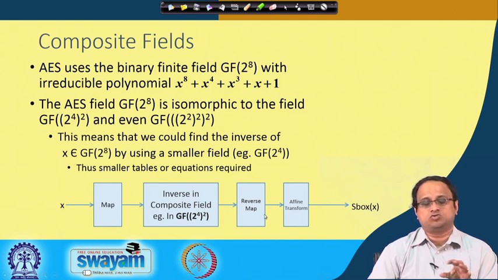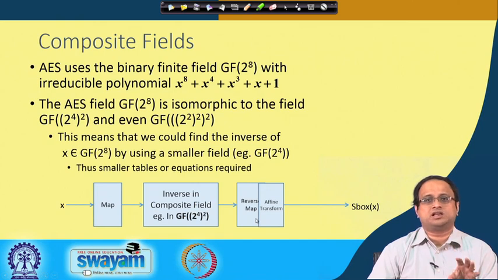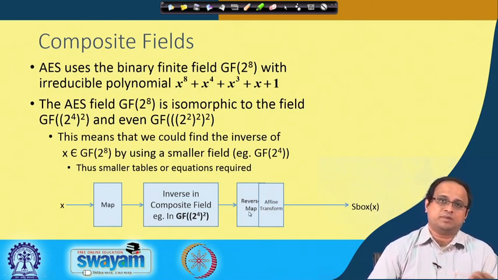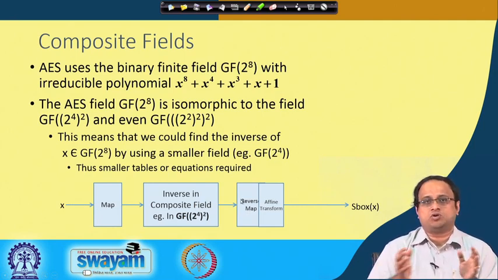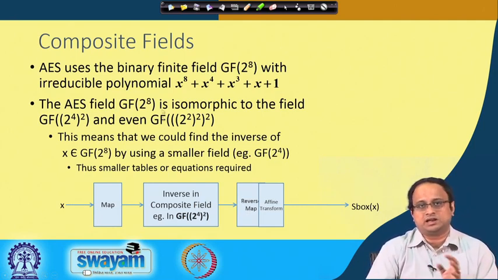Remember that these are two matrix operations, and therefore I can combine them and get one single matrix to do this transformation. That probably would make my design more compact than having two independent maps, like the reverse map followed by the affine map. We can combine them into one single map, and that can save some gates.